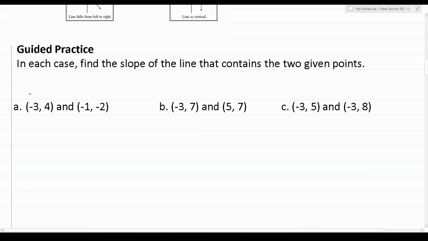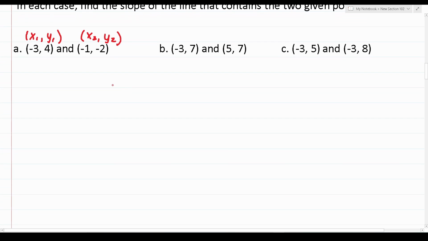Again, we always call the first point x1, y1, and we always call the second point x2, y2. And as a reminder, we're going to be plugging the values of those points into the slope formula, which is m equals y2 minus y1 over x2 minus x1.